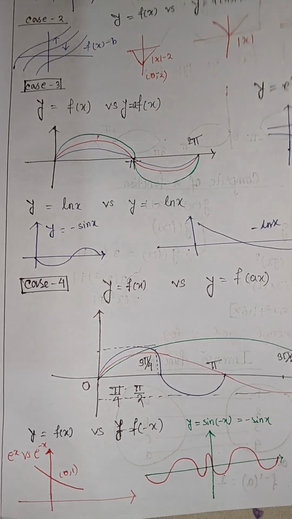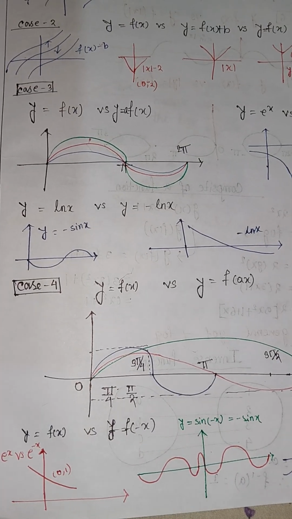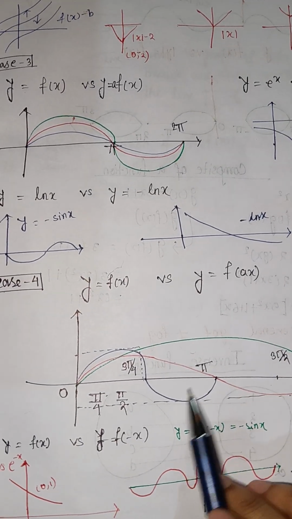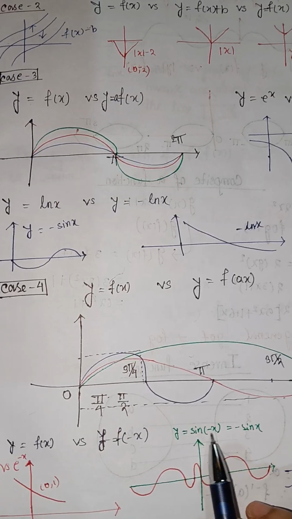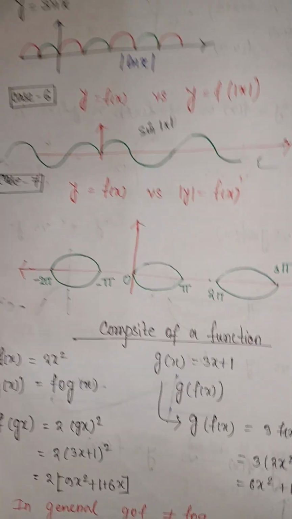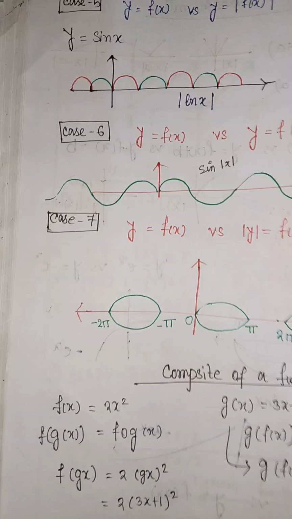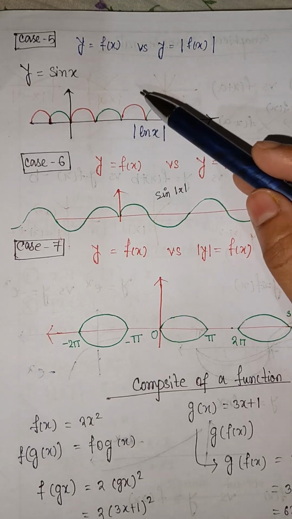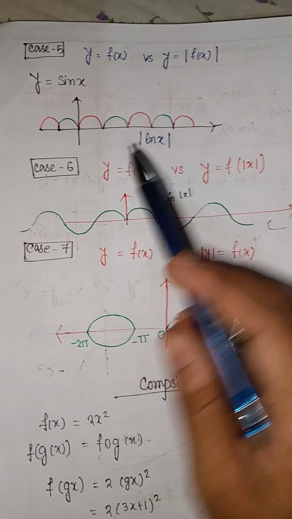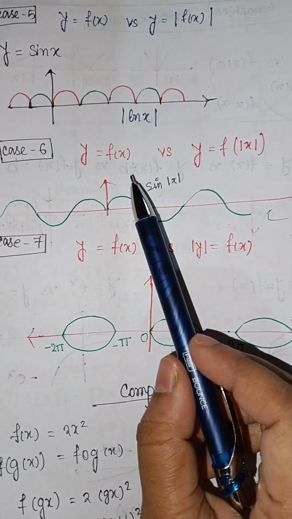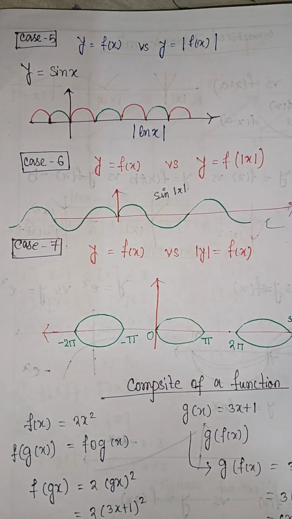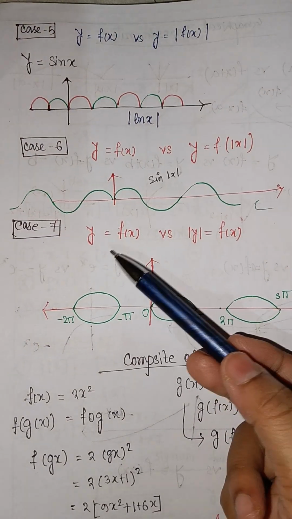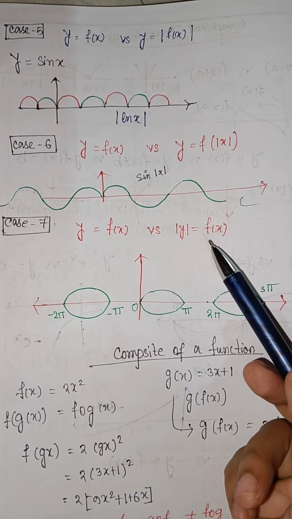Next, f of x, f of minus x, and sine of minus x is equal to minus sine x, we all know about it. Case 5: y is equal to f of x versus y is equal to mod of f of x. So that's a graph. Next, case 6: y is equal to f of mod x, and y is equal to f of x versus mod y is equal to f of x.